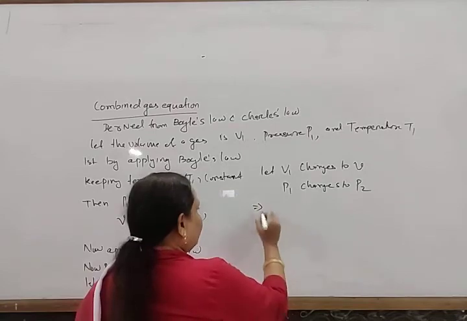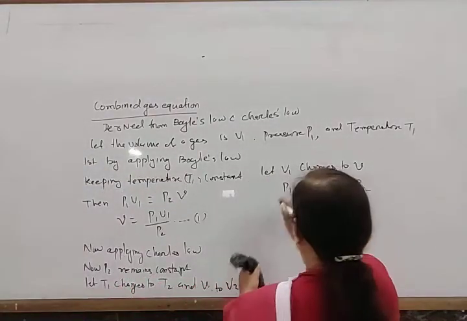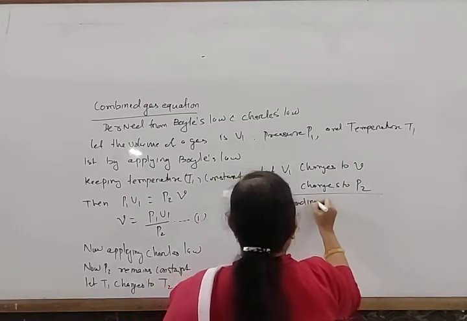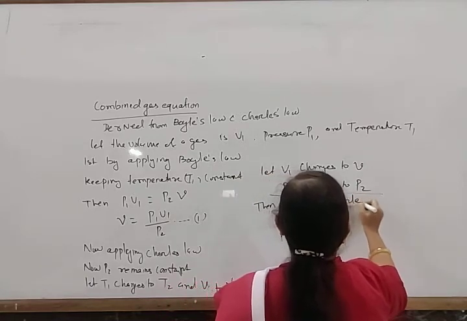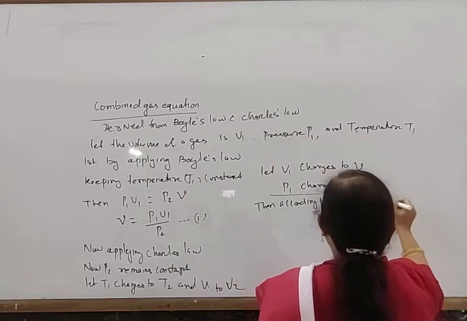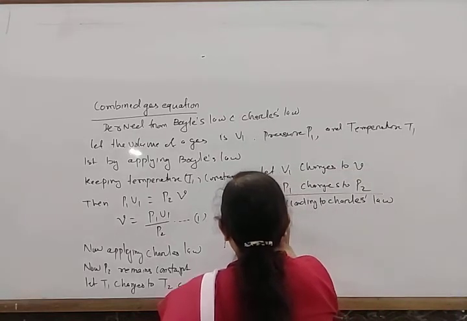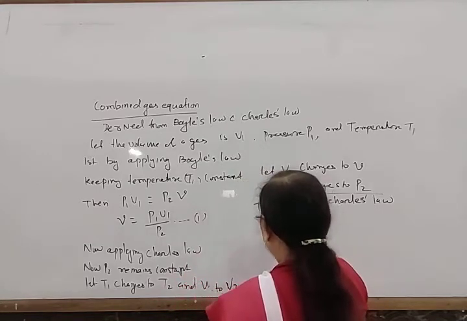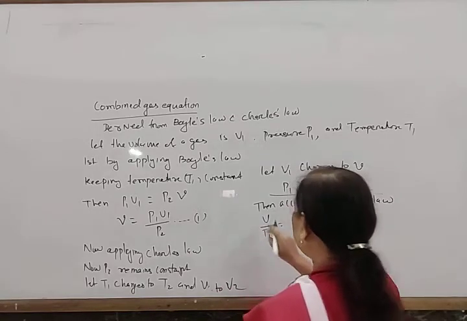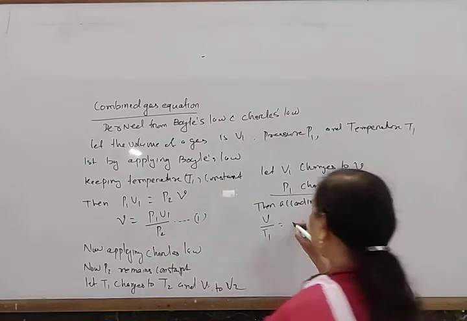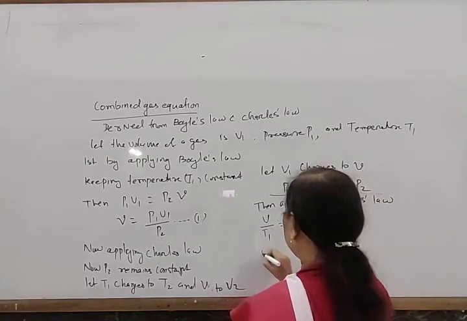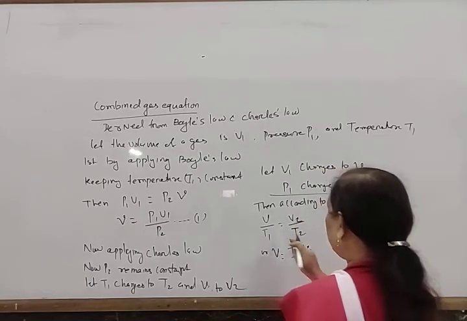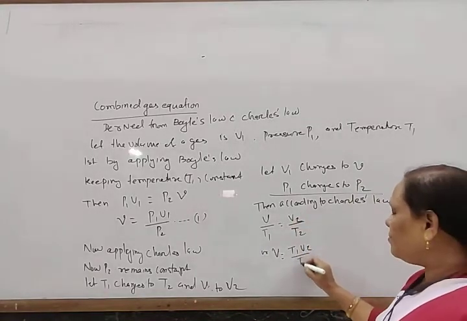According to Charles' law, small v by T1, since at small v the temperature is T1, is equal to V2 by T2, or small v equal to T1 V2 by T2.